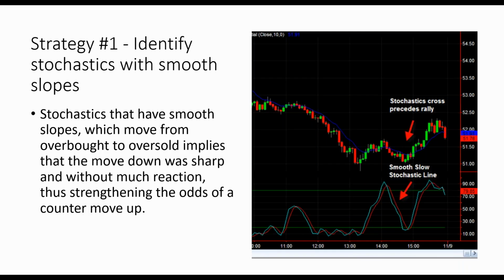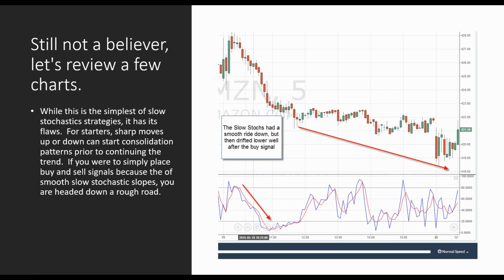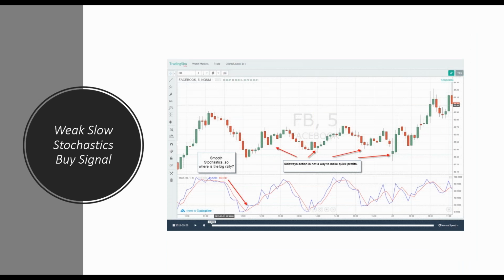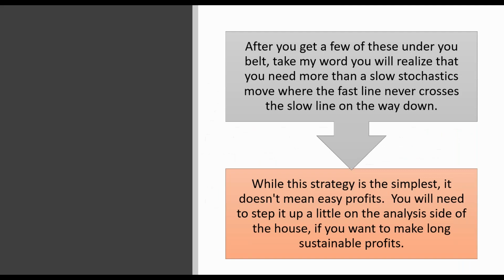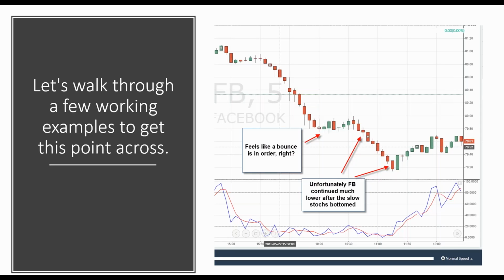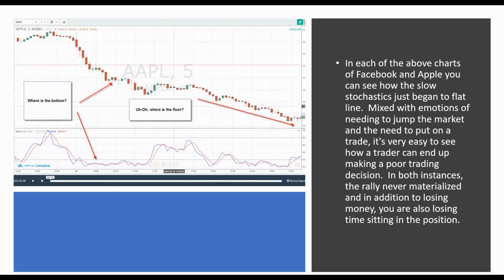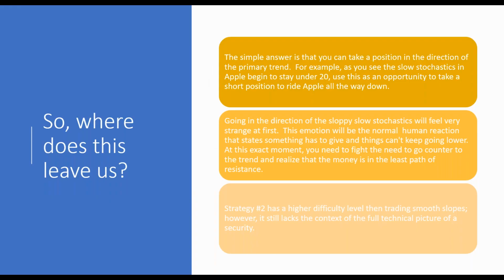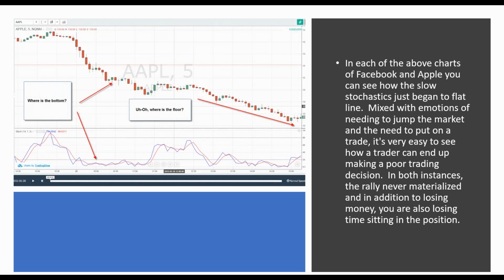So there's many strategies you can apply to trading stochastics, but identify stochastics with smooth slopes. Still not a believer? Let's review a few charts. You can see on all the charts how it works continuously and regularly. But there's lots of ways to include stochastics into your trading.